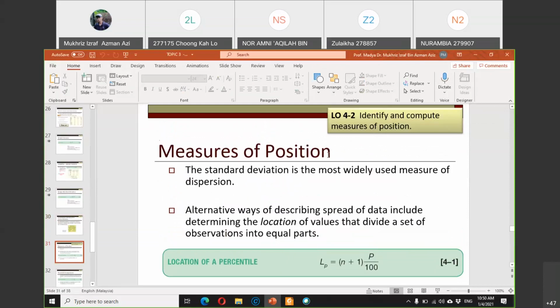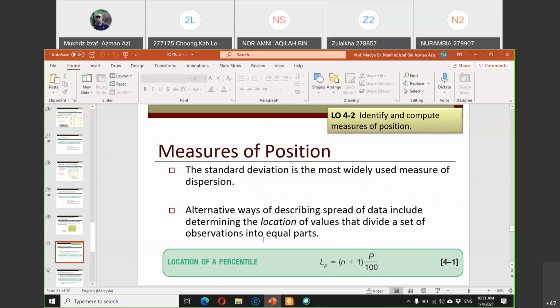Median is also a measure of position, because for the median you arrange your data from smallest to largest and determine the number in the middle. So measure of position is another way to describe your data, whether it is very spread or not.